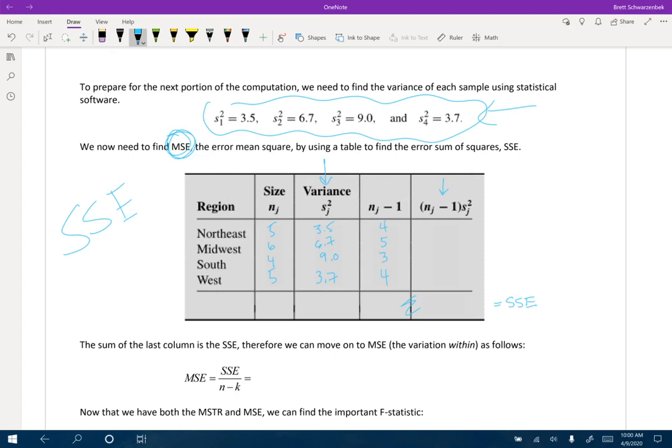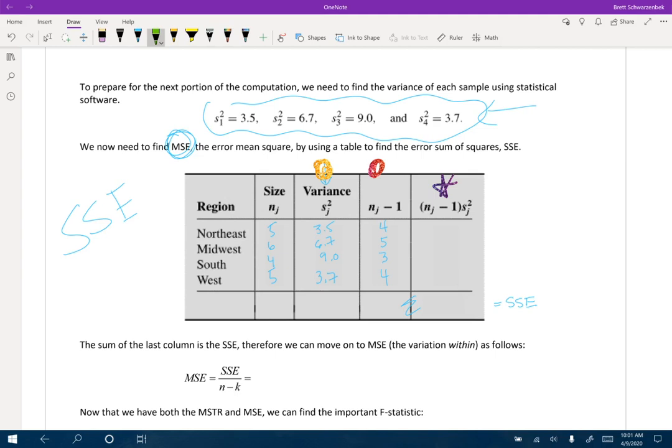So in reality, the last column over here that we have to find is about taking the second column and multiplying by the third column. As long as you do that, then you'll be able to do it. I'll just give you an example.